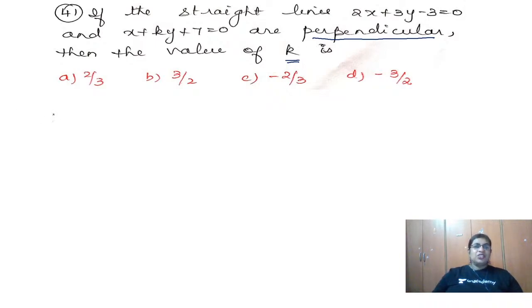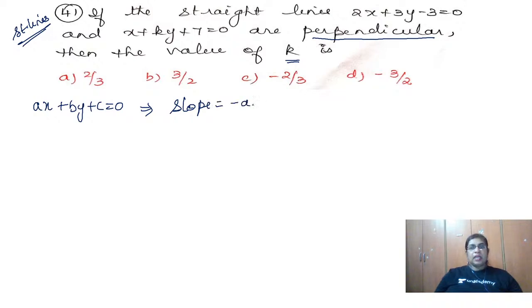If you have any line ax plus by plus c is equal to 0, immediately I can find the slope. So slope is given by minus a by b.